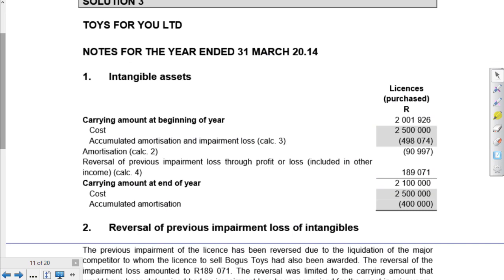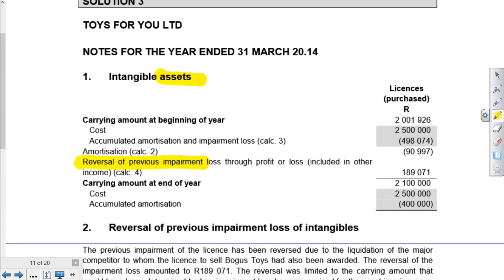So what you can see in the asset note is any impairment or reversal of impairment gets shown as your movement, just like depreciation or amortization would be shown in your movements. And then what you also see, so these are the two key things, in your asset note, this one is intangibles, but it could be PPE, any reversal or any impairment would show in your movement.